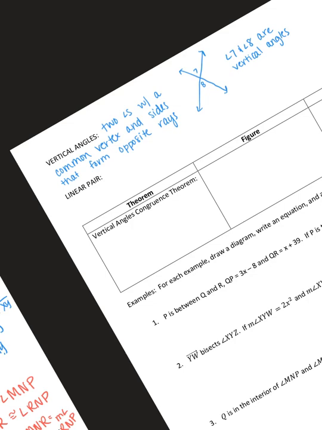And then a linear pair, you've already talked about this from the previous lesson, and I really should have put the definition there, but just to review, a linear pair is two adjacent angles with a common vertex that form a line.